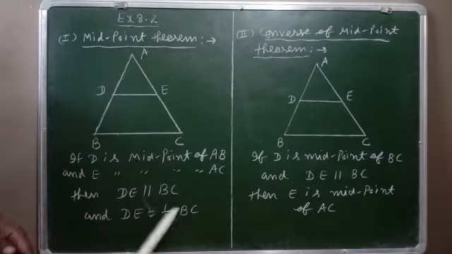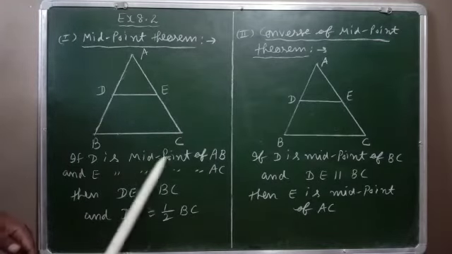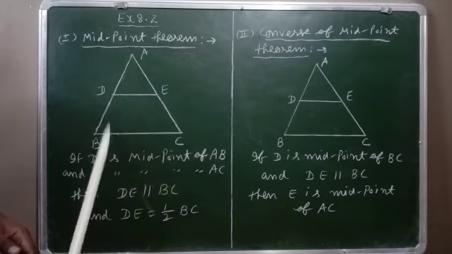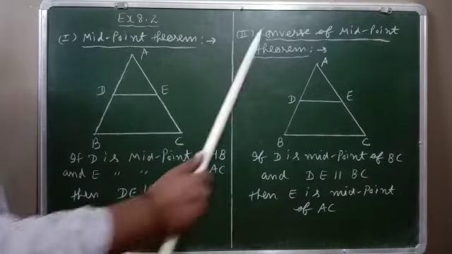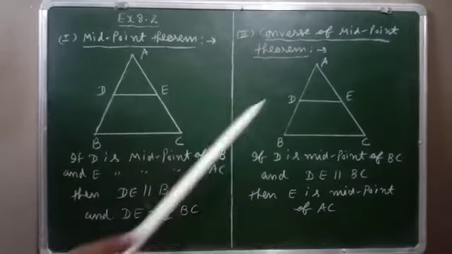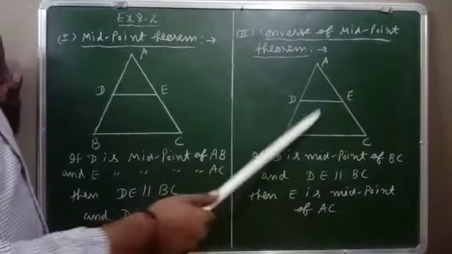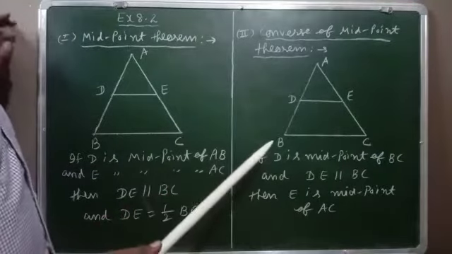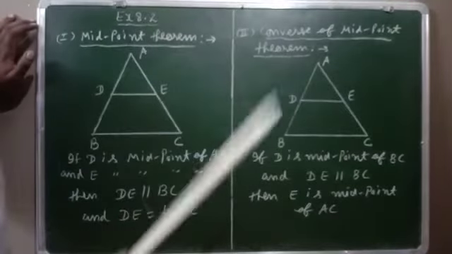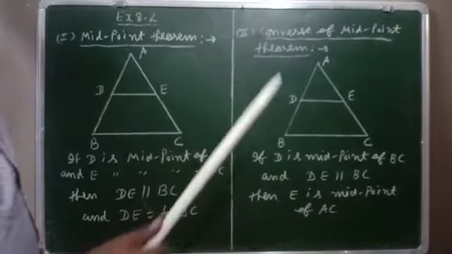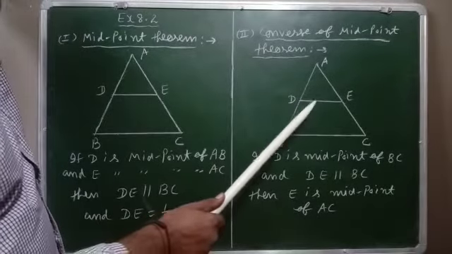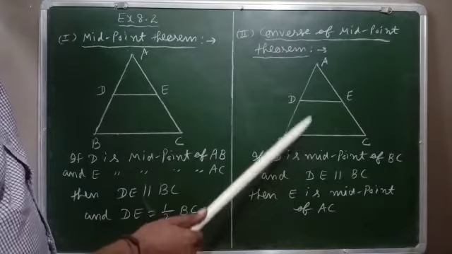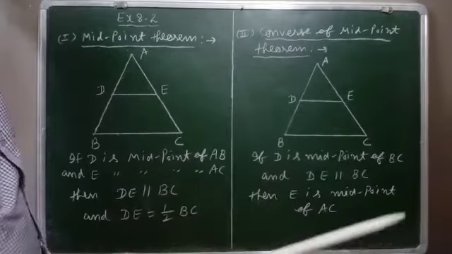So mathematically we can write like this. If D is the midpoint of AB, E is the midpoint of AC, then we can say DE parallel to BC and DE is half of BC. Now the converse of the midpoint theorem. Let us take again the same triangle, same points. This converse says that if we draw a line from the midpoint of one side of a triangle and parallel to the second side, then it will bisect the third side.